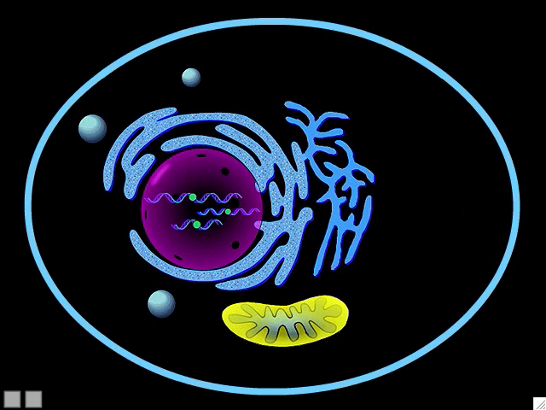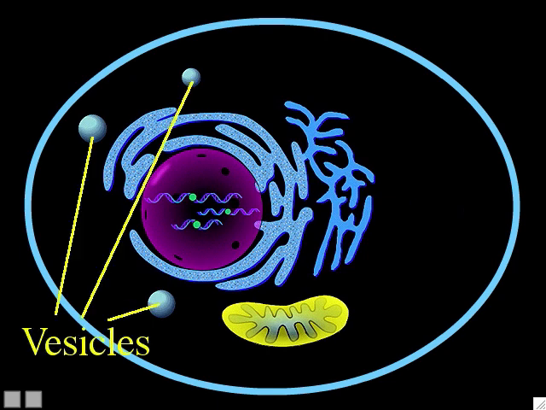Okay, so back to our cartoon of the cell here. The next organelles we're going to talk about are called vesicles, these little round guys here. They can also be called vacuoles. They're round organelles that are used for transport of materials inside the cell and also storage of materials inside the cell.